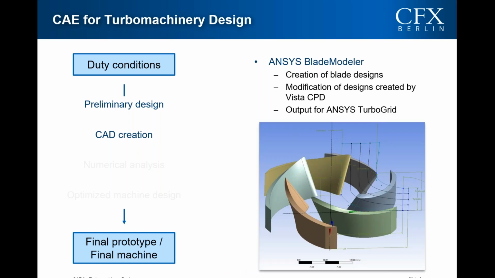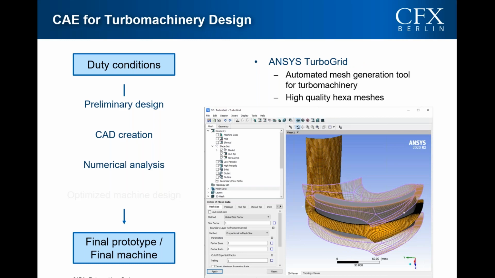You can easily modify the design you have just created in Vista CPD because the geometry is parameterized. And that, of course, is very important for later optimizations. It also provides an output for ANSYS TurboGrid, which is the next step here.